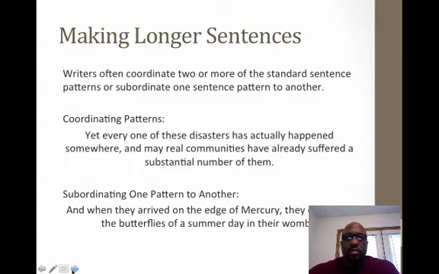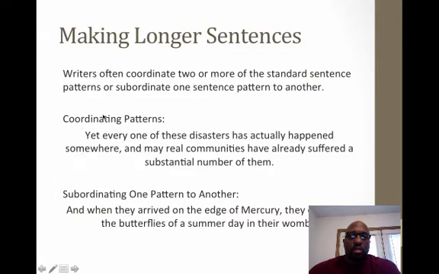And the way we do this is to coordinate two or more standard sentences together, or by using a subordinate sentence pattern. So this is a coordinating pattern. It says, "Yet every one of these disasters has actually happened somewhere, and many real communities have already suffered a substantial number of them."